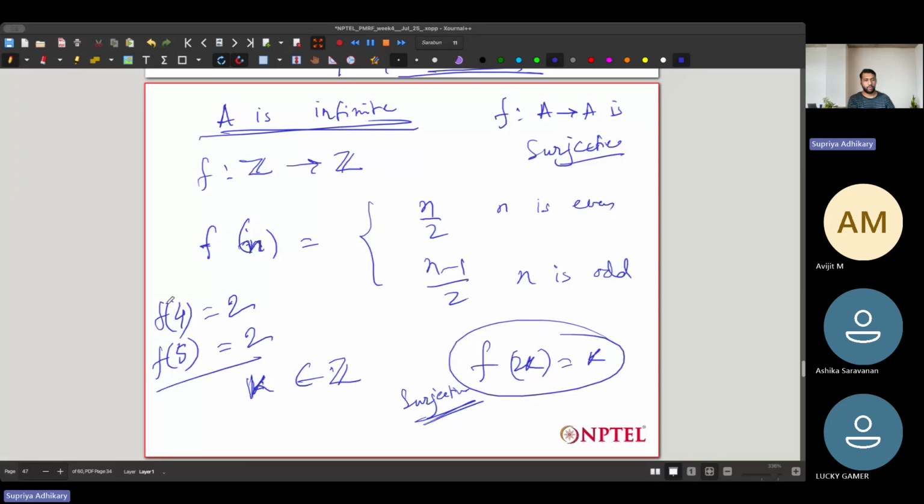So 4 and 5 both map to the same value 2 in this mapping. So this is a surjective map, but this is not a one-to-one map. So this is definitely not a bijective map.